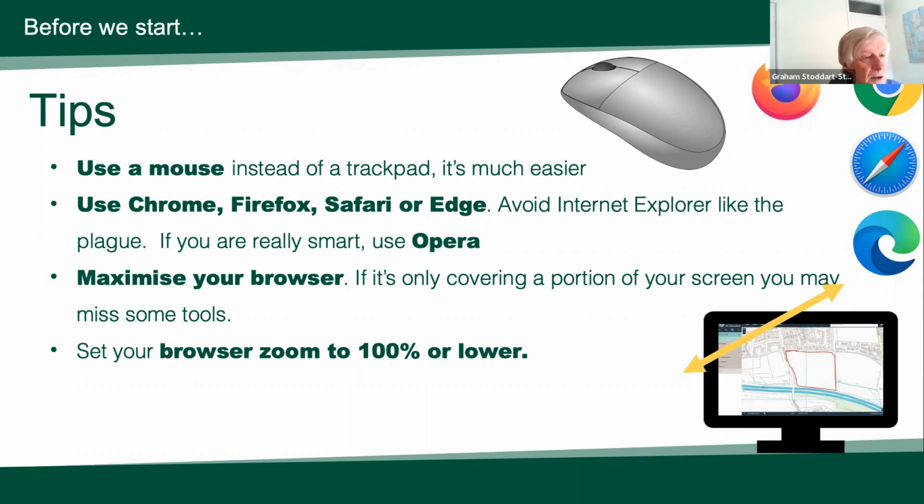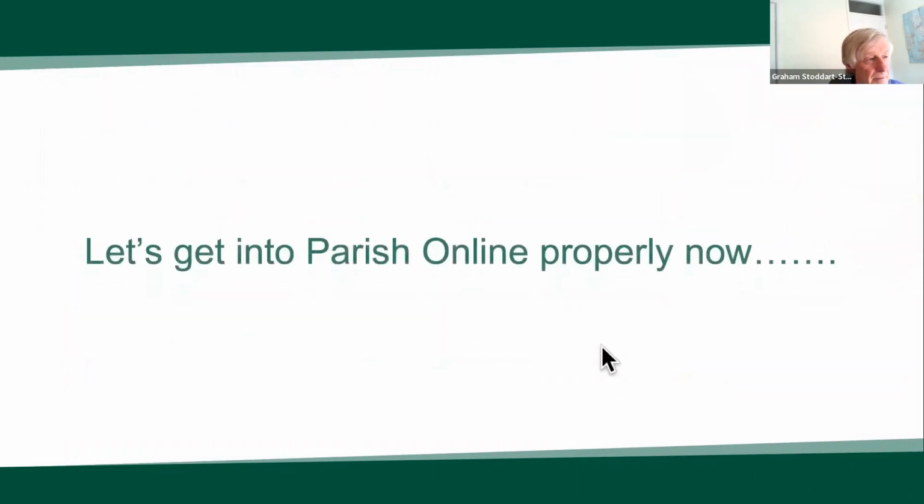Don't use it, certainly not for Parish Online. And in case you hadn't really guessed, I'm a user of Opera. That's largely because I'm switching from one platform to another, and it runs exactly the same in all of them. Very, very convenient. Try using all of your screen when you're using Parish Online, and then you don't miss anything.